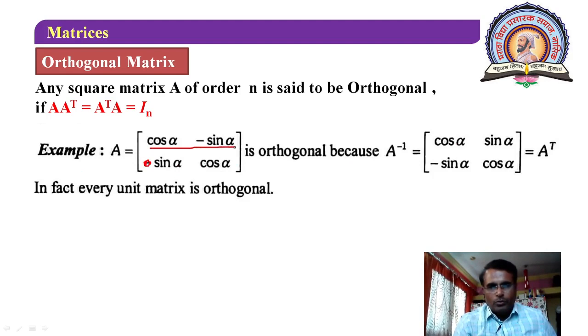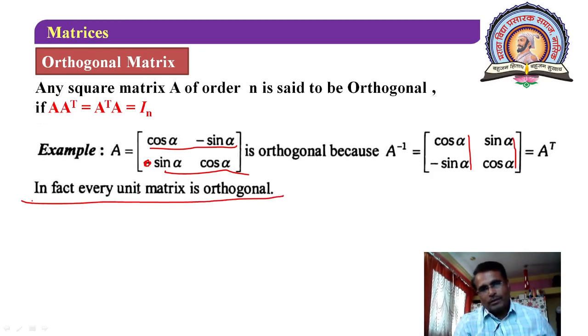So first row will appear as the first column, second row will appear as the second column, clear, and this matrix is called an orthogonal matrix. Remember that every unit matrix is an orthogonal matrix, because if the unit matrix is transposed, again we are getting a unit matrix.